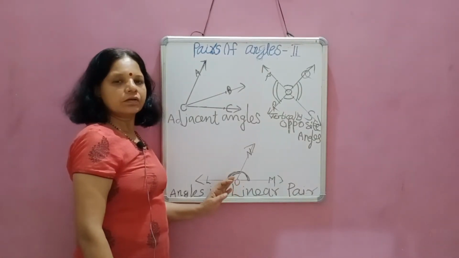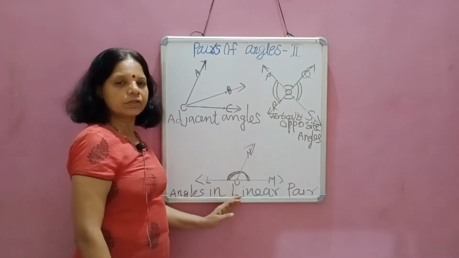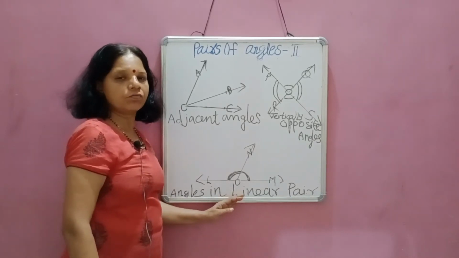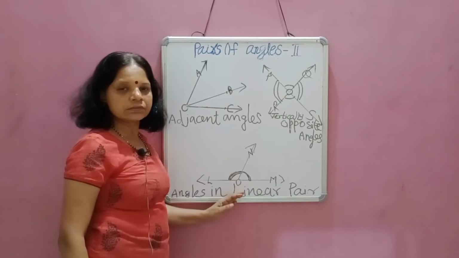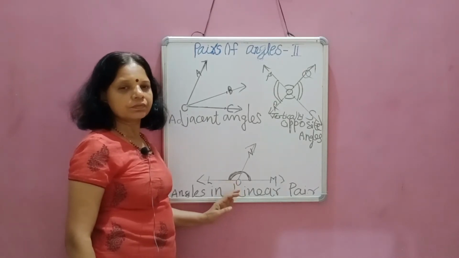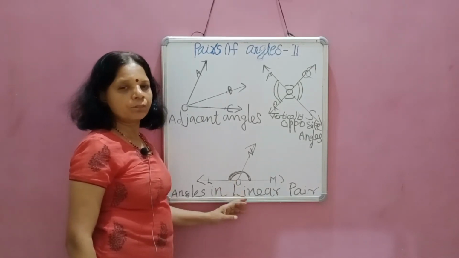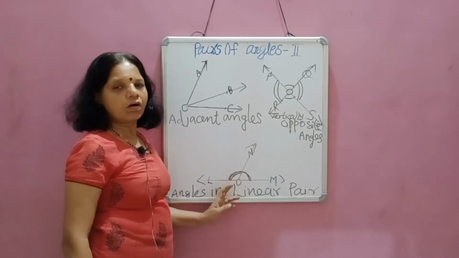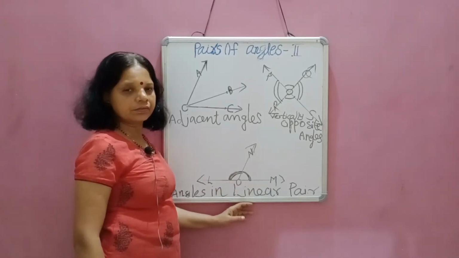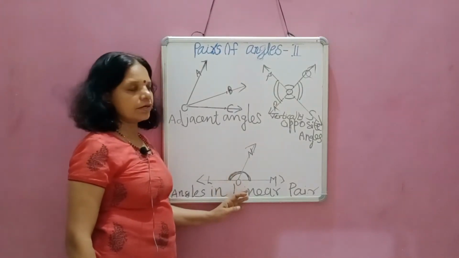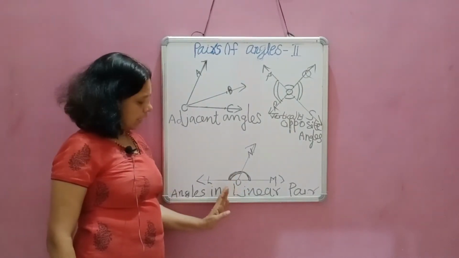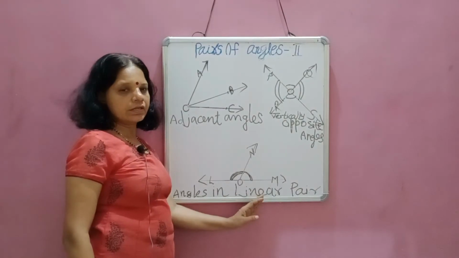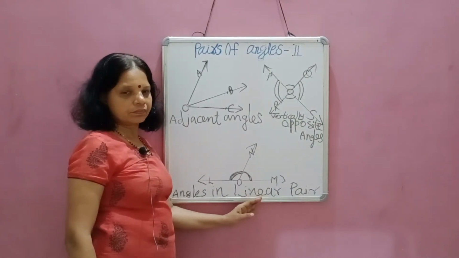If the non-common sides of two adjacent angles form a pair of opposite rays or a line, then these adjacent angles are said to be angles in linear pair.